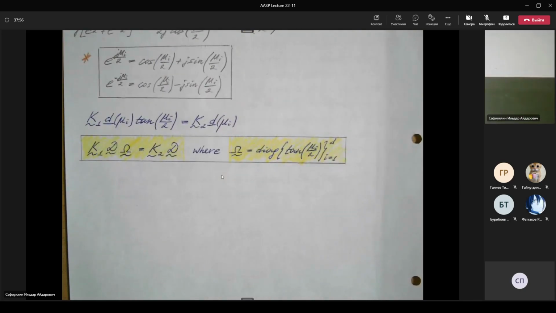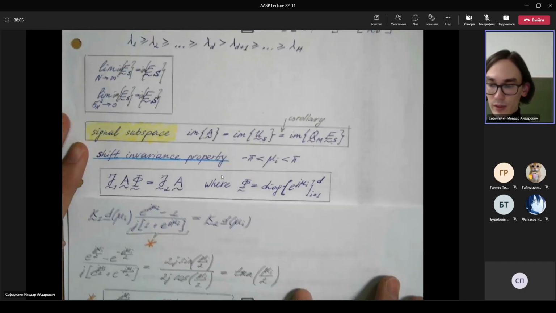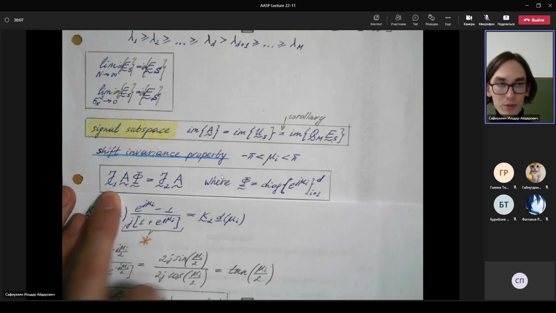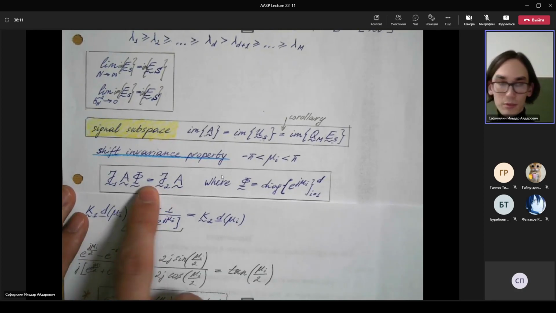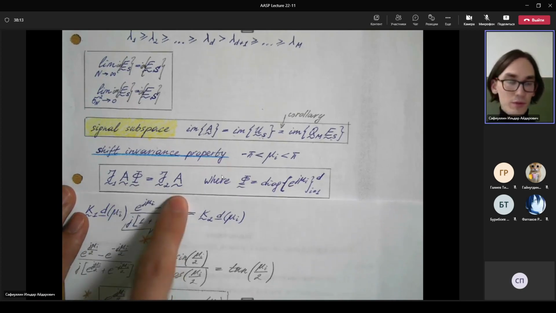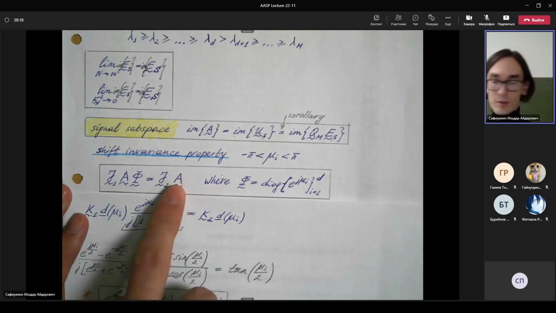So, for example, we can compare it with our standard ESPRIT algorithm. For standard ESPRIT, we have selection matrix 1 times A times matrix phi equal to selection matrix 2 times the array steering matrix.